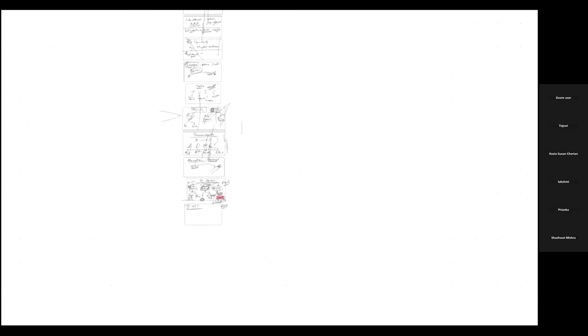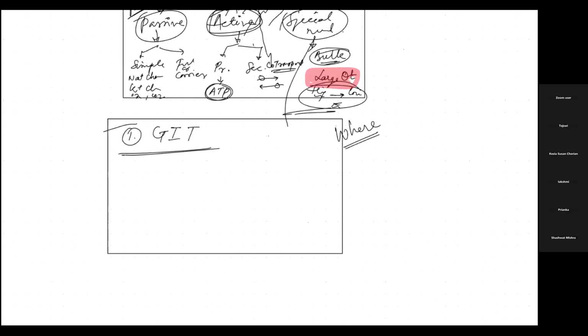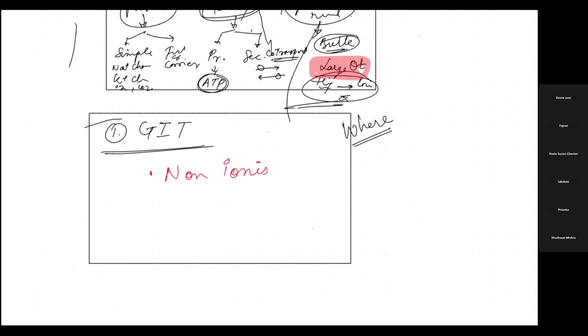So if we are talking about GIT, now remember one key thing. This is a very crucial thing, because if you understand this, it will be all clear which drug is going to get absorbed and which drug is going to get excreted. All the modern drugs. This is the core concept. First one, non-ionized and lipid soluble.